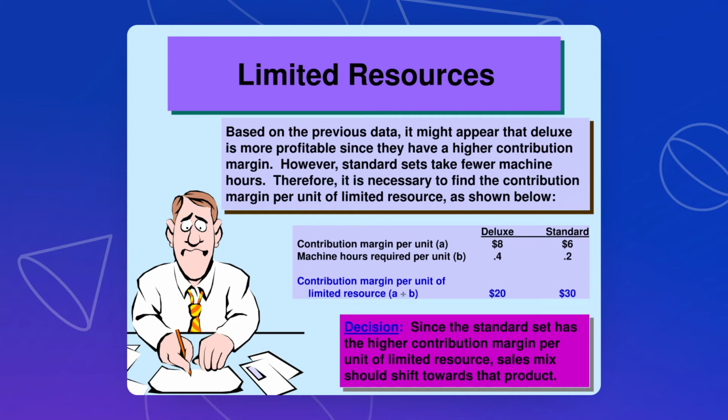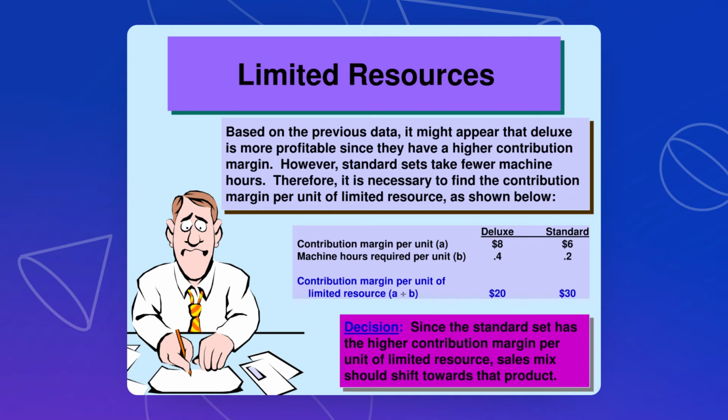Just divide. Divide 8 by 0.4 and you have $20. For standard, divide 6 by 0.2 and you have $30. What was the decision rule? We will choose the highest contribution margin per limited resource.